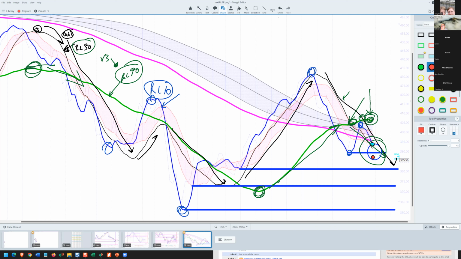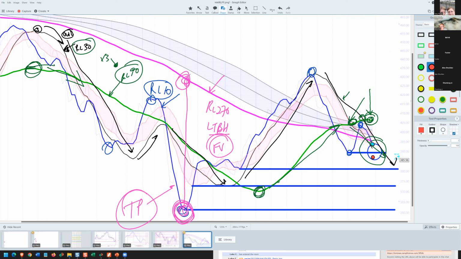And then finally, the last regression line is the 270, the RL270, and that's the long-term buy and hold fair value. So the difference between, let's say, the trader's price, which is the RL10, which got to a bottom here, we would compare that on the same time frame to what the long-term buy and holders say is fair value.